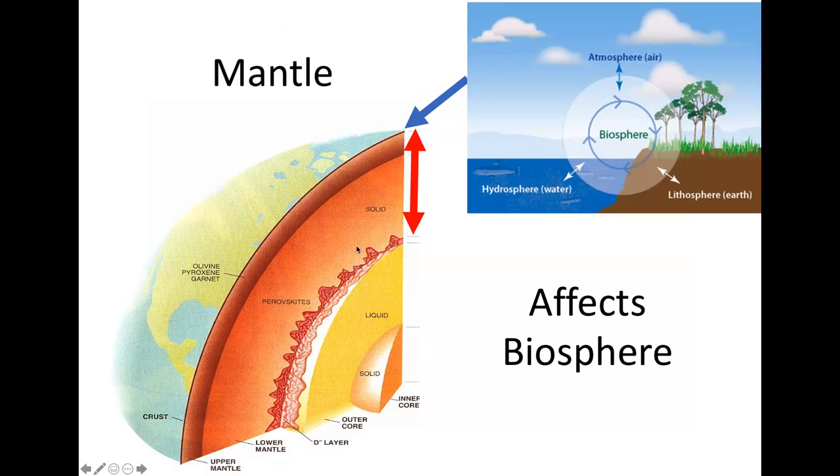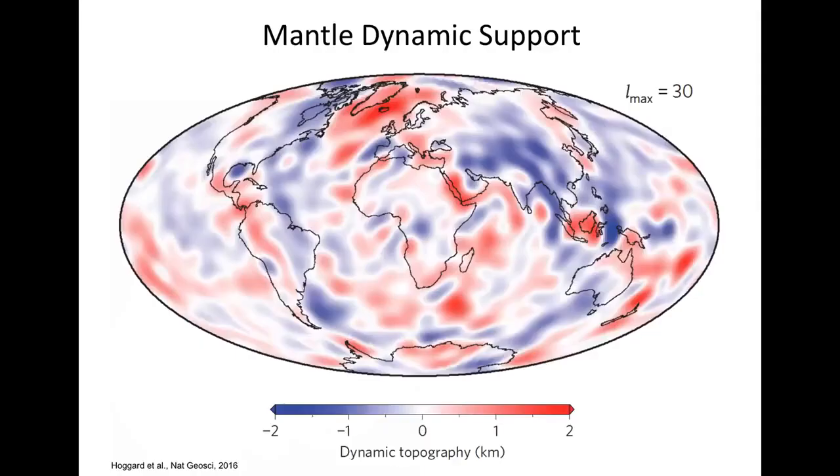So it's volumetrically the most significant component of the earth. And it does, although you may not realize it, affect the biosphere, the ocean and the atmosphere significantly. So I like to show this map when I'm introducing how the mantle affects us. This is showing you the topography of Earth's surface at the present day that's actually supported by the mantle.